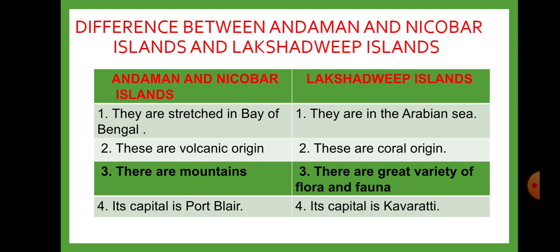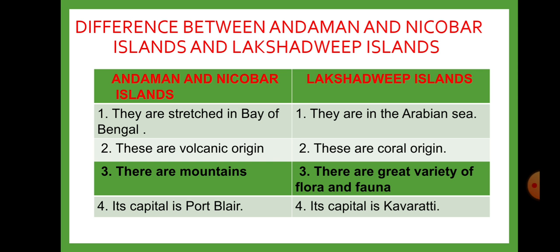Let us understand the concept of these islands with the difference between Andaman and Nicobar Islands and Lakshadweep Islands. First point, Andaman and Nicobar Islands, they are stretched in Bay of Bengal. Lakshadweep Islands, they are in the Arabian Sea.